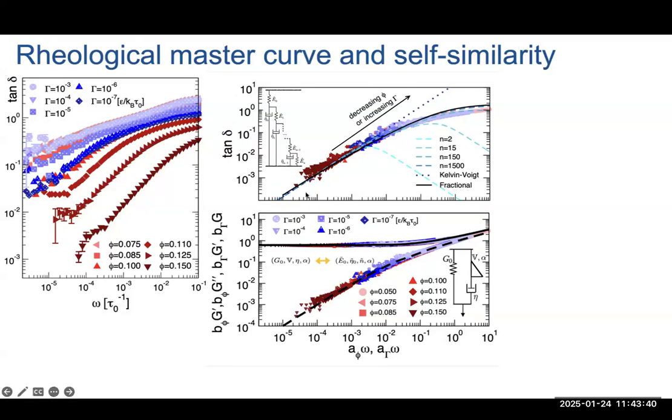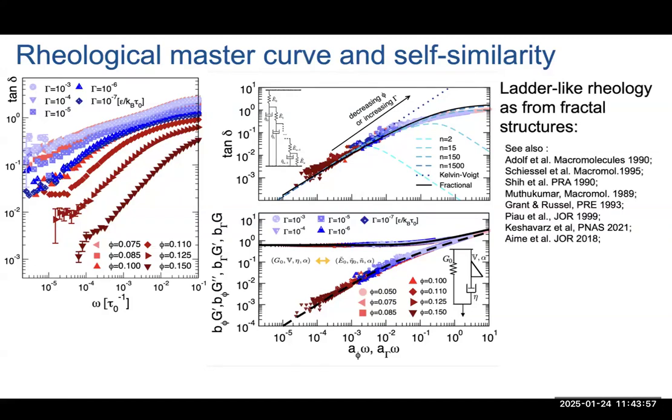If I take the continuum limit of this infinite amount of hierarchically assembled linear elements, I obtain a more compact representation of my rheological model, which is what is called the fractional rheological model.